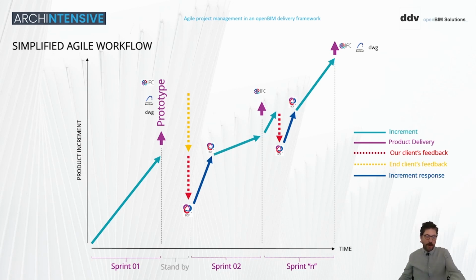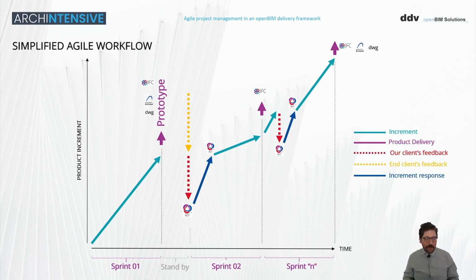So we will go backwards, always using BCF within the BIMcollab cloud platform, and then we will fix it. Once it's fixed, we will confirm it through the BIMcollab platform, and we will keep working until the end of this sprint, and so on until the end of the contract.